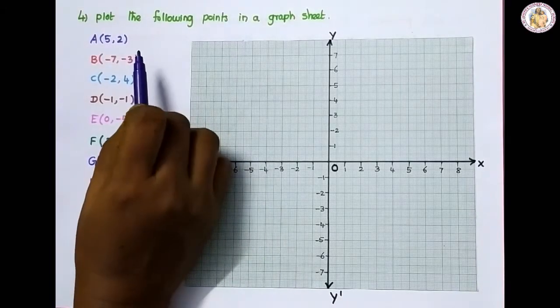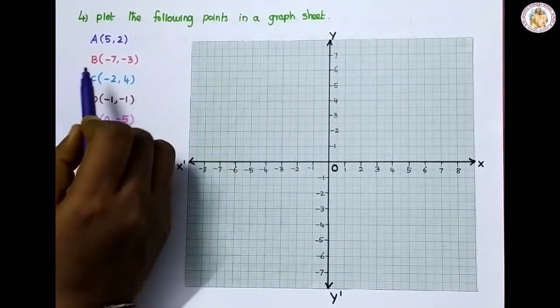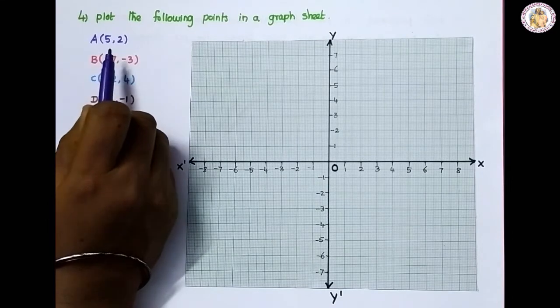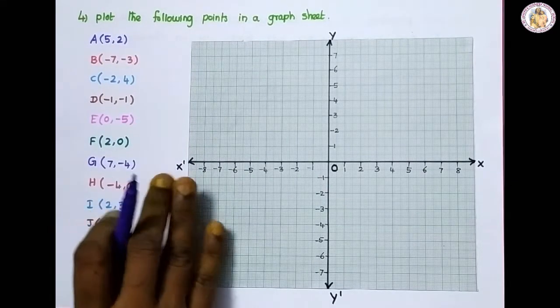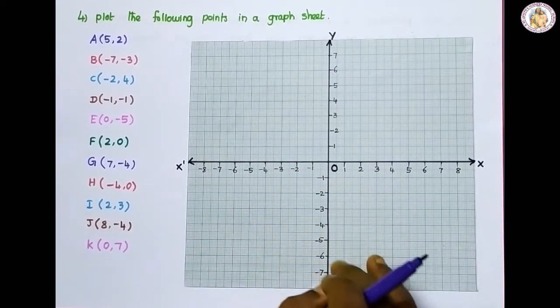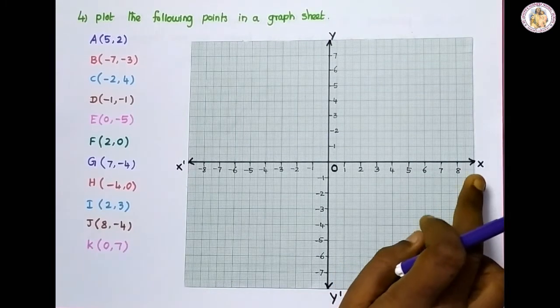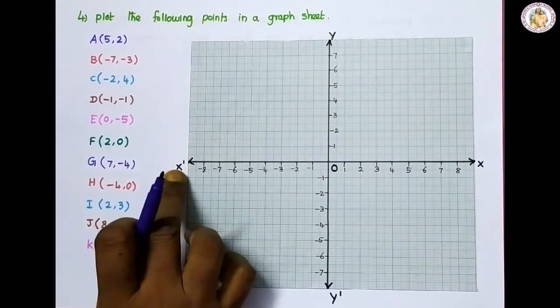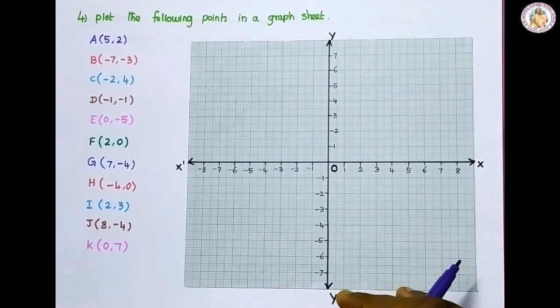Fourth one, plot the following points in a graph sheet. Listen, first A, 5 comma 2. You have to draw the horizontal line and vertical line in a graph sheet, named what? XOX dash and YOY dash.